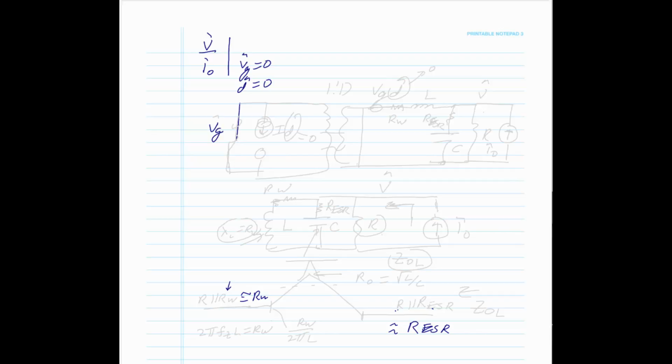There's your VG hat, and that's shorted. You short that, and it's going to short this current source, ID hat. Now, what's ID hat? This is going to be an open. Why? Because we're making D hat equal to 0, and a current source is open. A voltage source short, current source open.